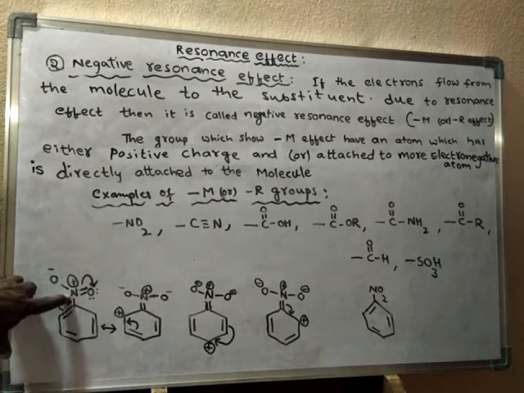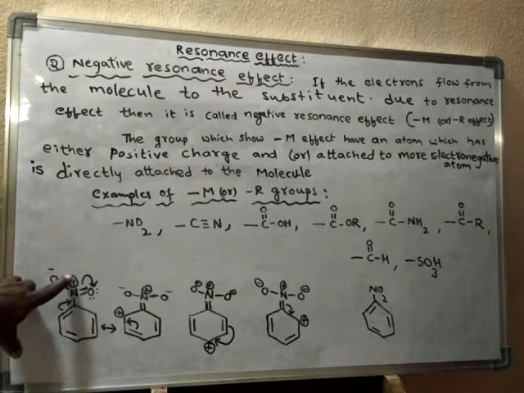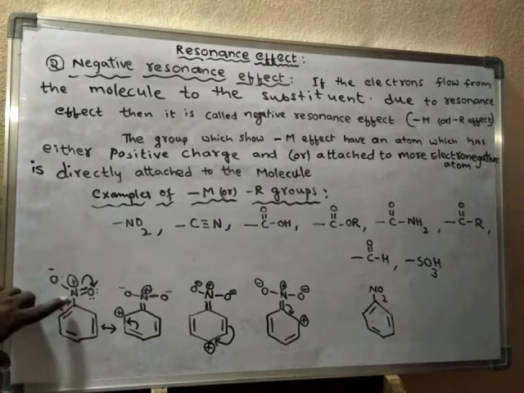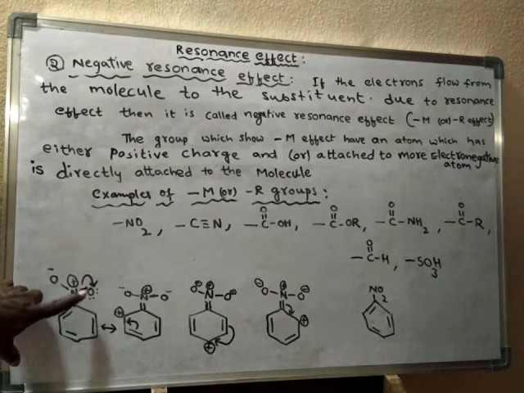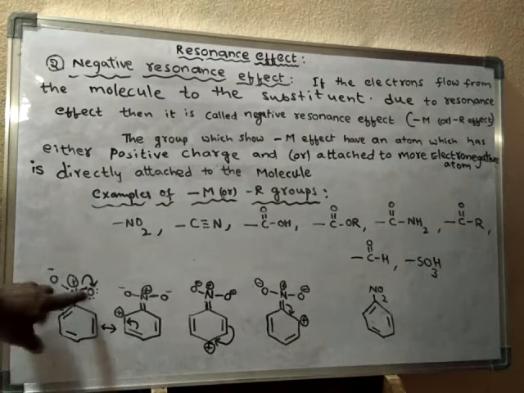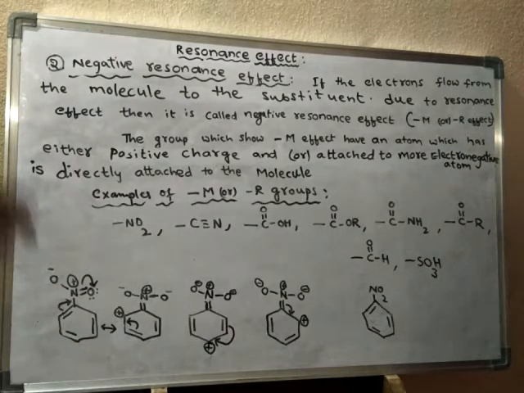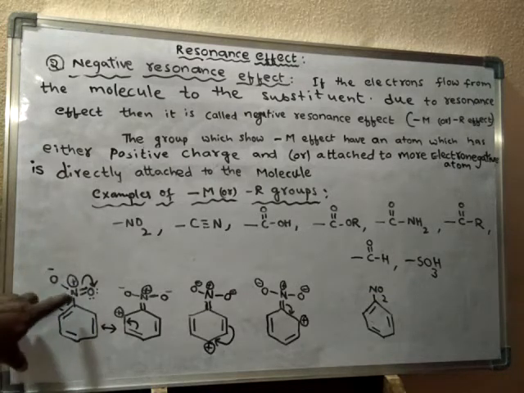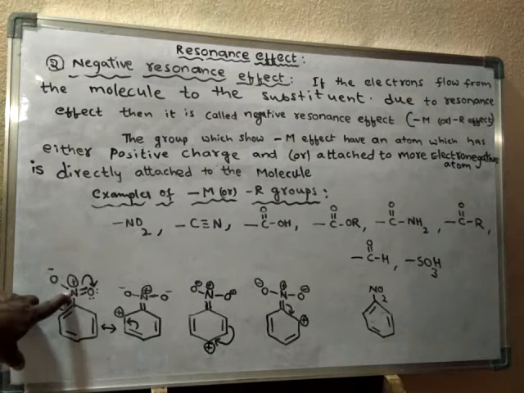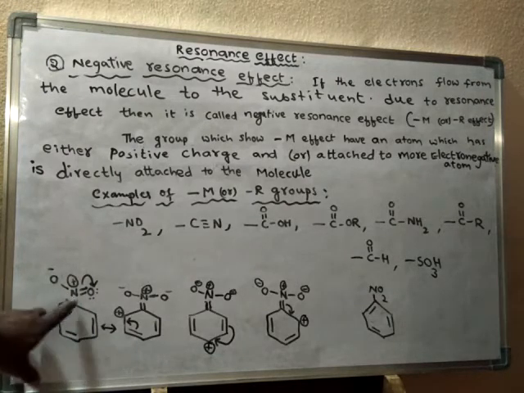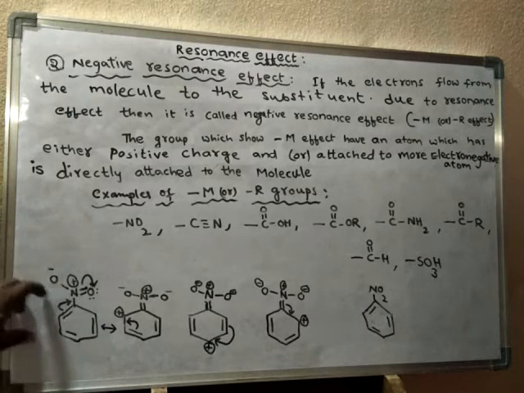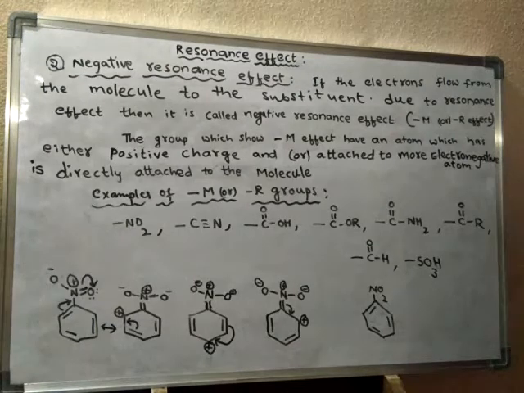Such an atom either possesses a positive charge, or sometimes it may not possess a positive charge, and it is attached to the more electronegative atom. So that is important. The atom of this particular group is attached directly to the rest of the molecule. Such groups are said to be minus M groups or minus R groups.